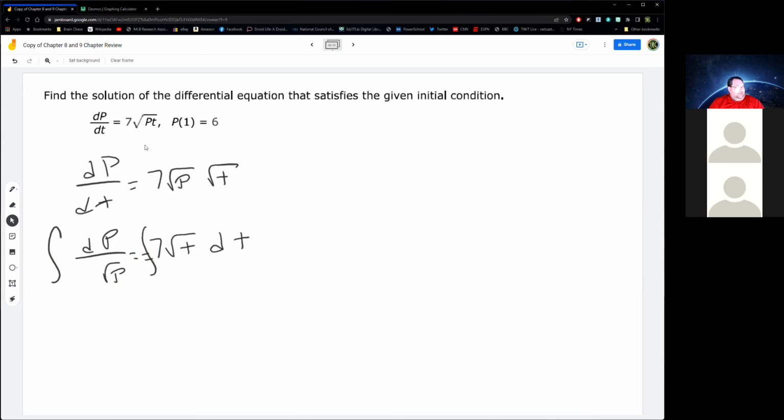The integral of p to the negative 1/2 ends up being 2 square root of p, which equals 14 over 3 t to the 3/2 power plus D.